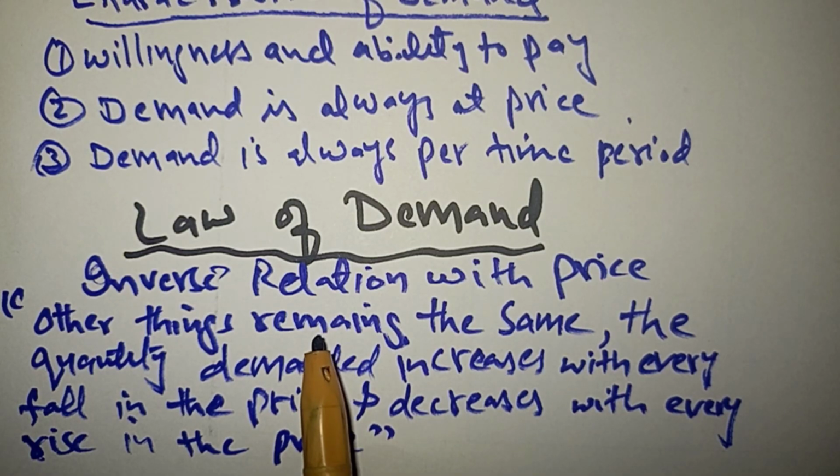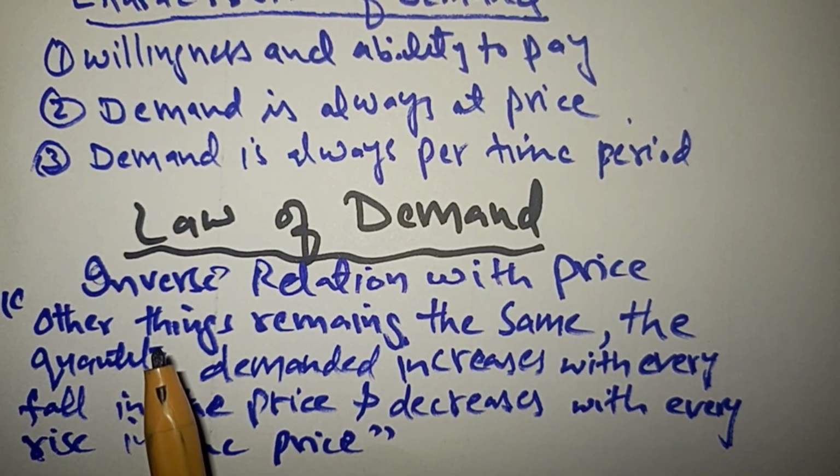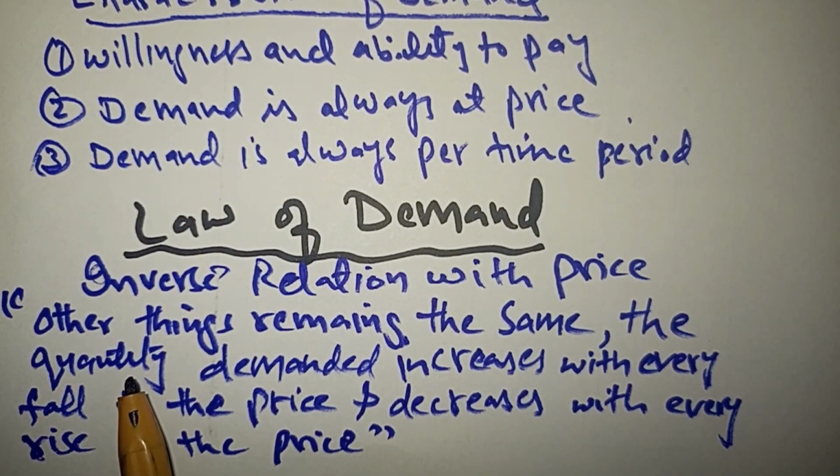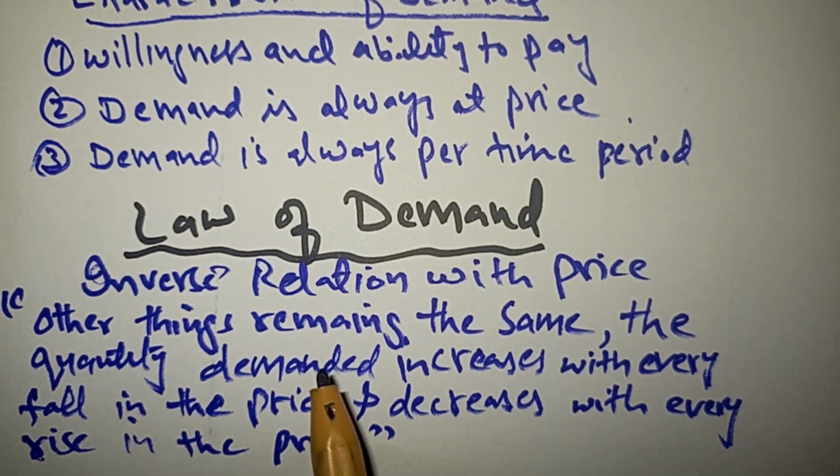Now we move to the statement of the law of demand. Other things remaining the same, the quantity demanded of any commodity increases with every fall in the price and decreases with every rise in the price.